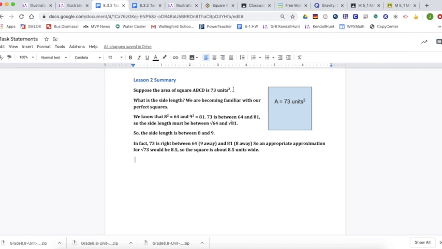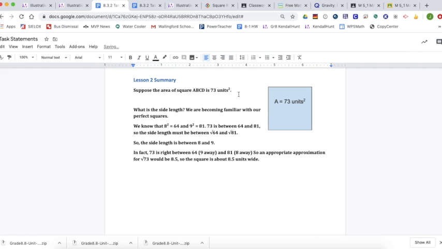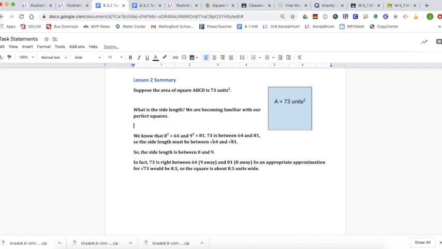So suppose we know the area of a square is 73. To find the side length of a square, we want to make sure that we know all the possible perfect squares, or squares that have whole number side lengths. So we know that 8 squared is 64, and we know that 9 squared is 81.